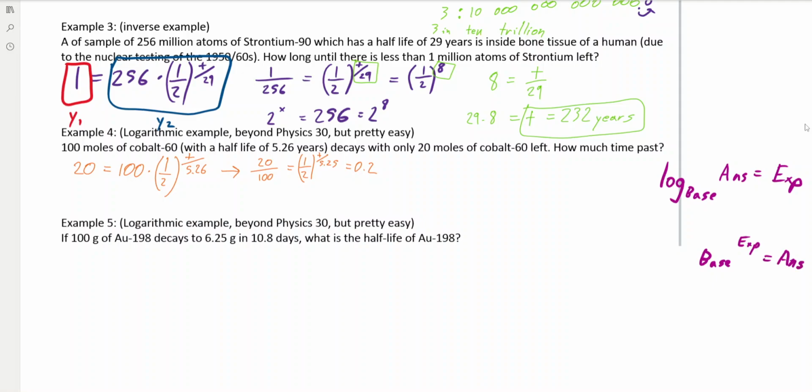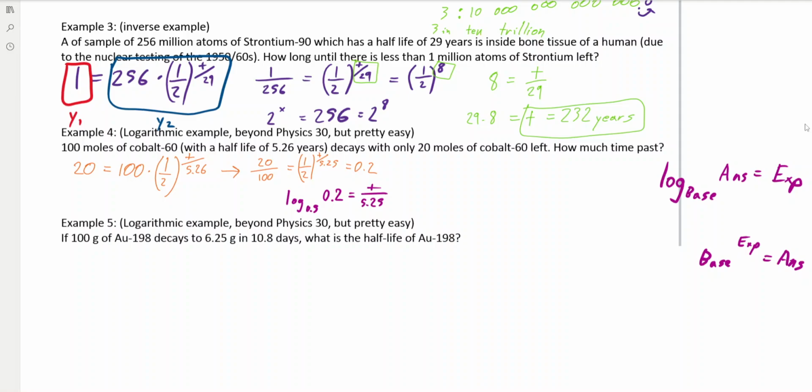So a log just kind of inverts this, right? So we're going to do exactly that, and we're going to invert this. So it's log base 1/2, or 0.5, of the answer, so 0.2, equals T over 5.26.